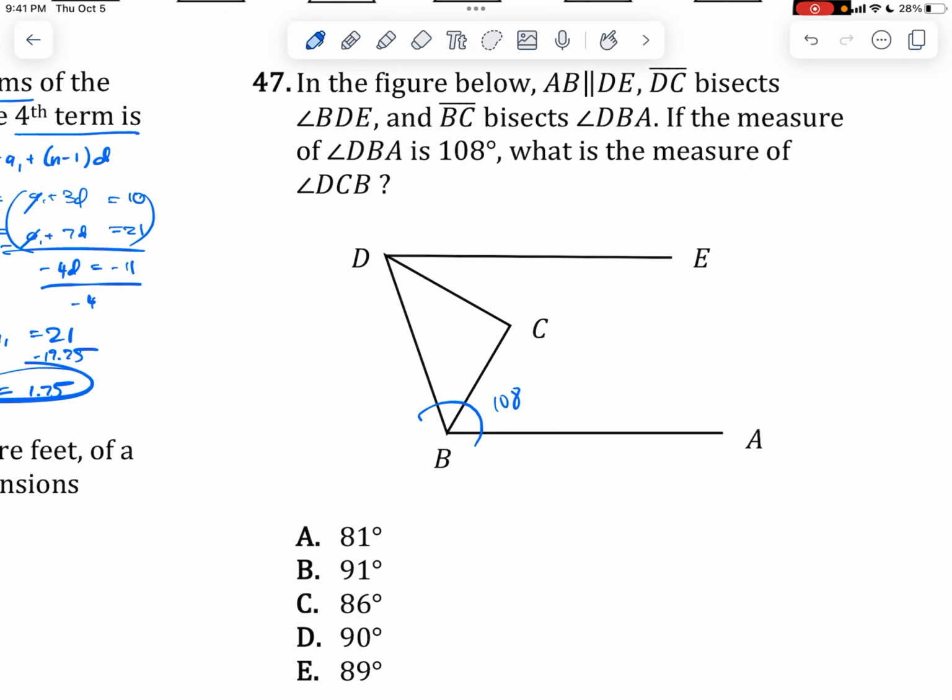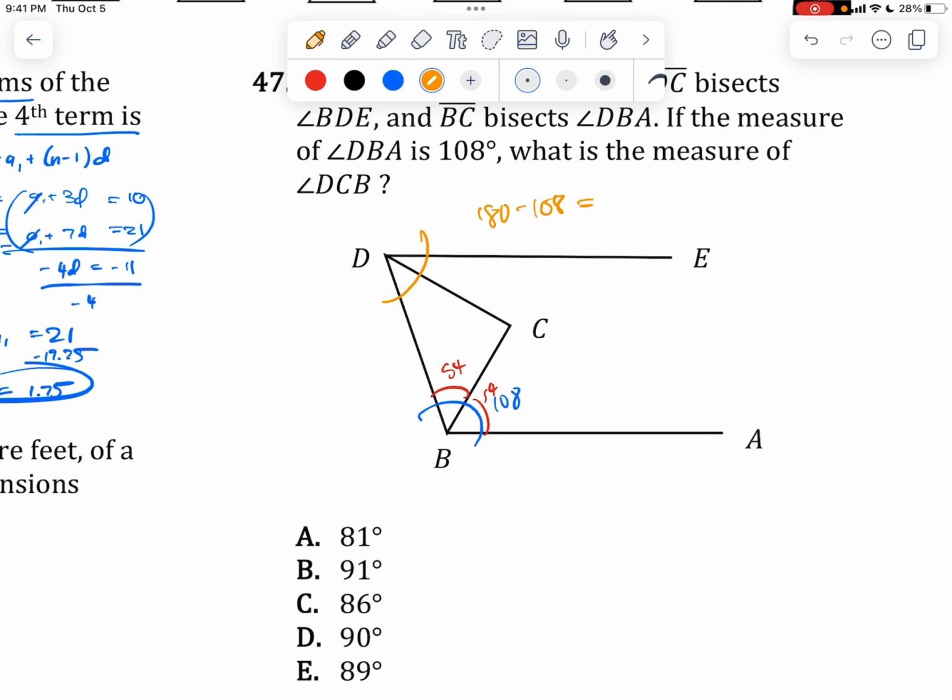and the entire angle is 108, we can cut that in half and get 54 and 54. That means that what's here is just going to be 180 minus 108, which is 72.